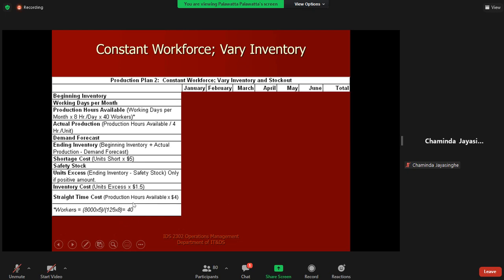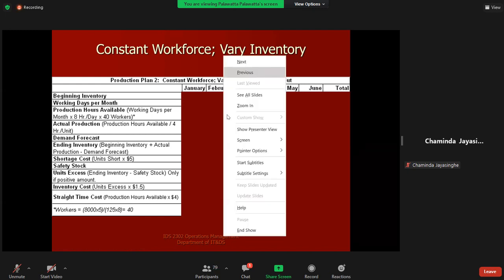So this is to meet the average demand. The workers required is calculated to meet the average demand.